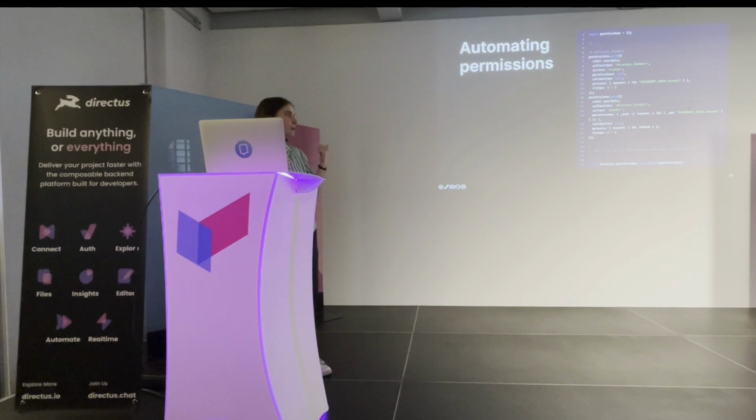We also do it with files and folders, because they should be tenant-specific as well. And the logic is fairly similar, you just have to change the target of that permission. So with this basic data structure and with these automated permissions, we can have a simple multi-tenancy to start with.